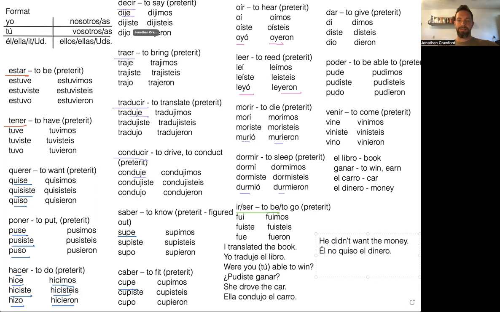All right, let's give you guys a little homework assignment. We'll say, he didn't fit in the seat. He didn't fit in the, we'll say chair. How do you say chair in Spanish? I don't know. You'll have to find out.